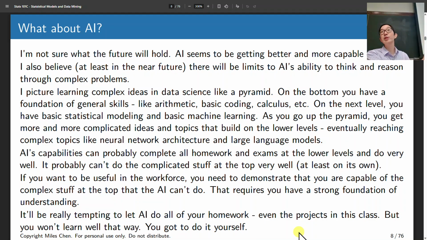You start to see some of the limitations. And I think those limitations will continue to exist, at least in the near future. I don't know when we're going to achieve this concept of general intelligence, but there's definitely limits to what AI can do. And I don't think that's going to go away, okay?